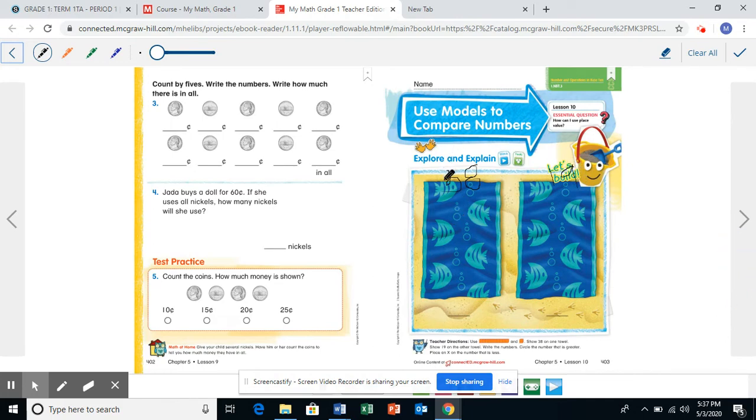Okay, so the number 38 here. This one, I'm going to draw a 10 base cube. Okay, so I'm not going to count 10 because you know that when you see a 10 base cube, it's all connected.